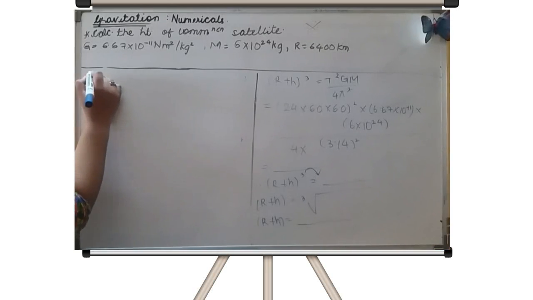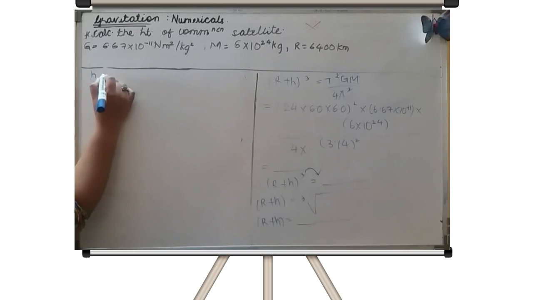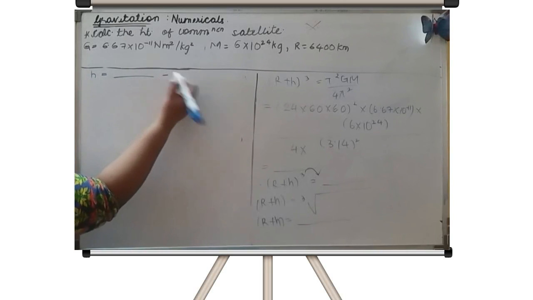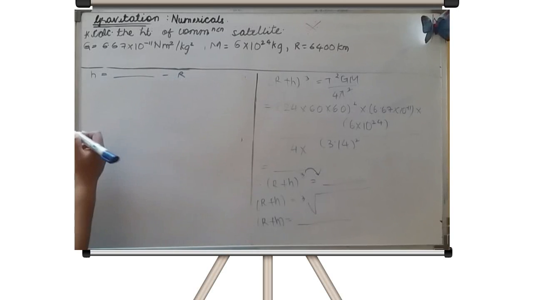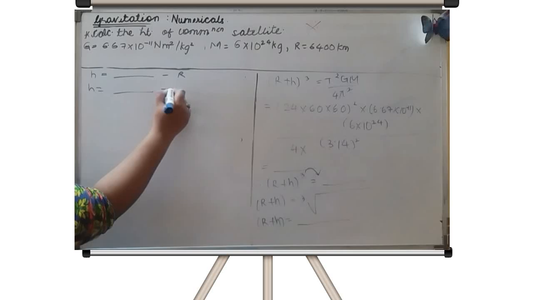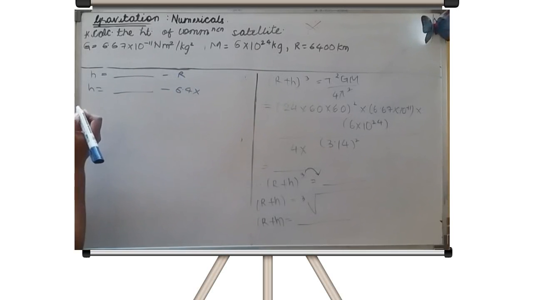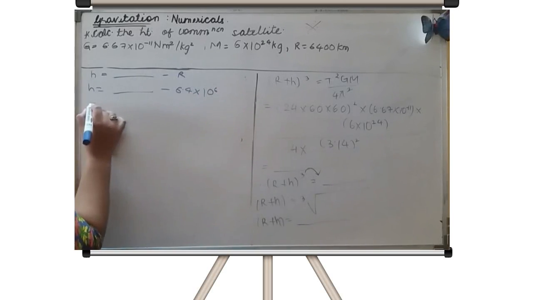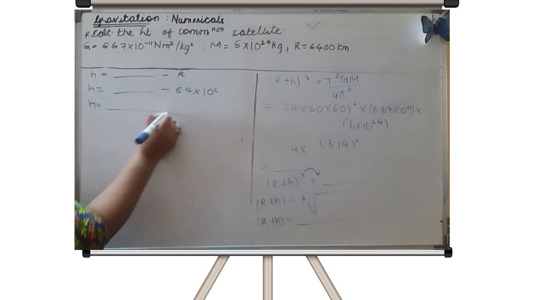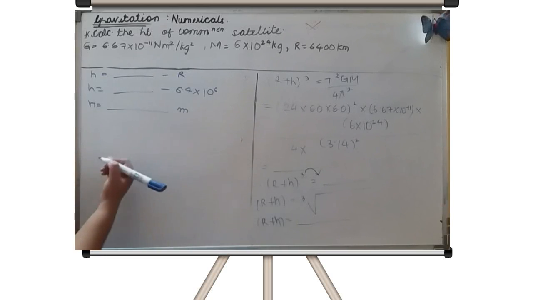But you need the value of H, so you will keep H here, whatever number you got, minus capital R, which you have the value of. H is equal to whatever the number, and R you have 6.4 into 10 raised to 6, and then you will get the answer in meters. You will convert it into kilometers.